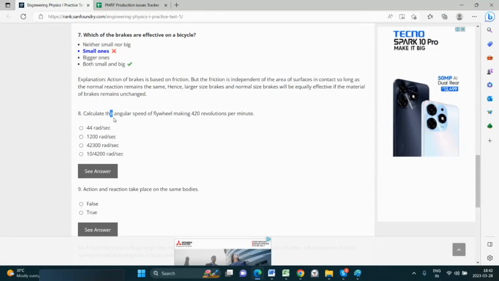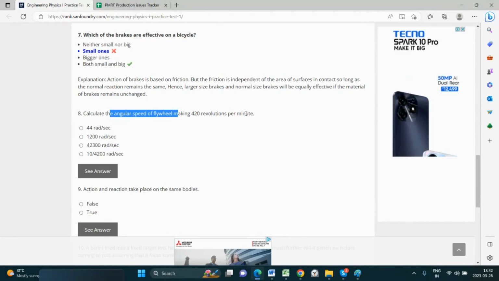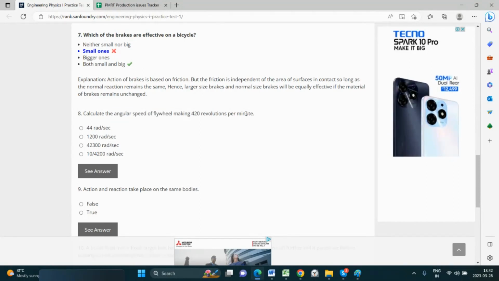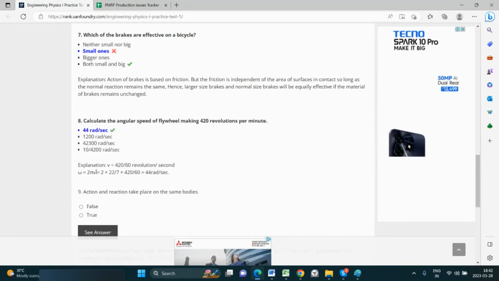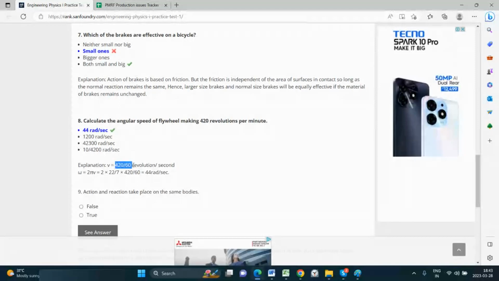Calculate the angular speed of a flywheel making 420 revolutions per minute. They ask us to find the angular speed. Let us see the formula for angular speed. 420 revolutions per minute, and per minute means 60 seconds. So for one second, it is 420 by 60.